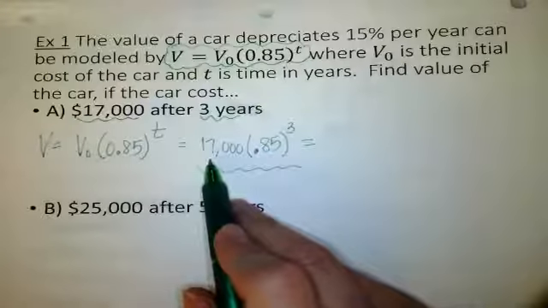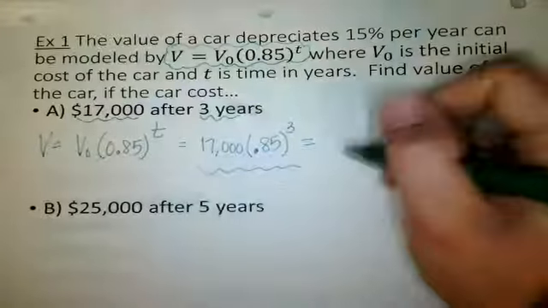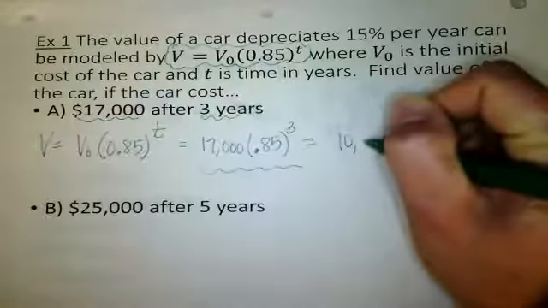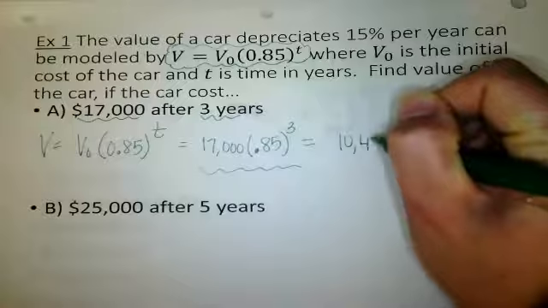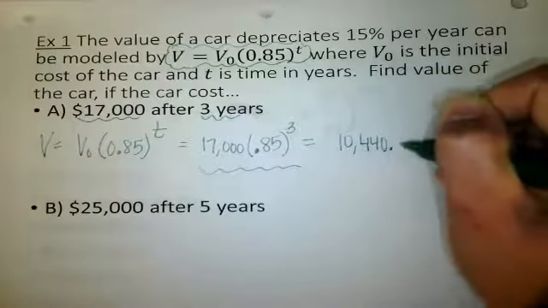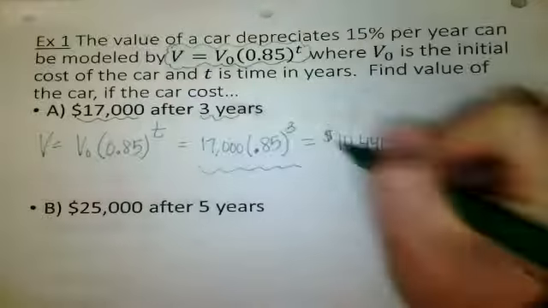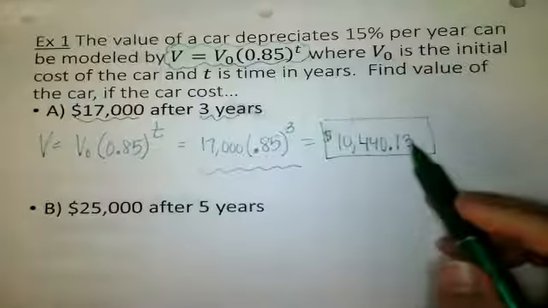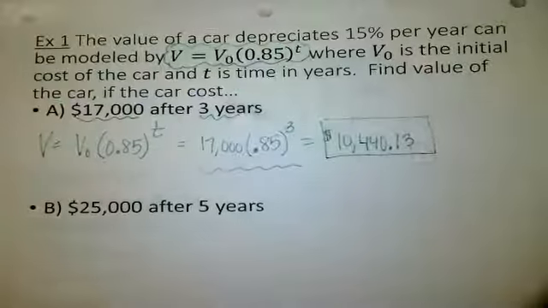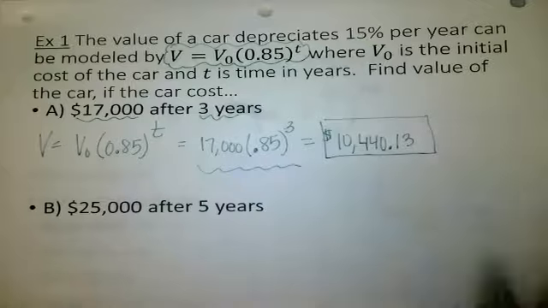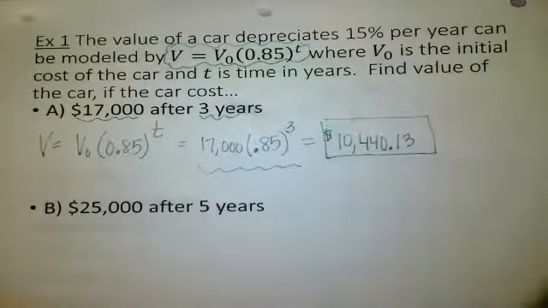Yeah, it's depreciating, going down. All right, so we get 10,440.13. Again, rounding to the hundredths place because we're talking about money, so it makes sense to round to pennies.